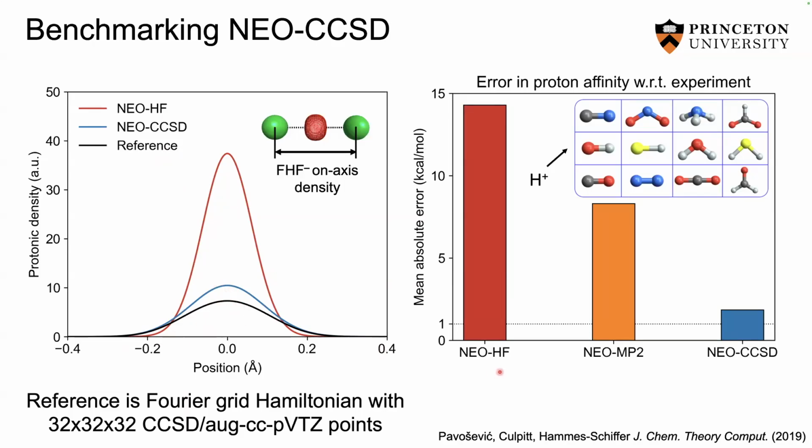We can also look at the energetics, and a common observable that we can use to benchmark this theory is the proton affinity. Just like electron affinity, it's the energy difference when you add the particle, in this case, adding a proton to these molecules, either anions or neutral molecules, and you protonate it and see what the energy difference is. Crucially, when we add a proton, it adds a degree of freedom, and therefore it changes the zero-point energy of the system.